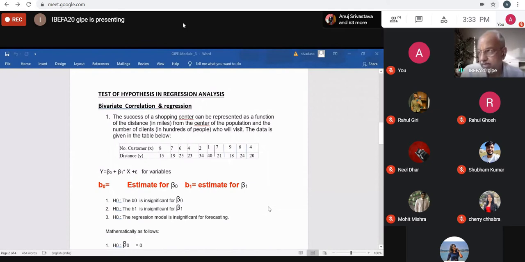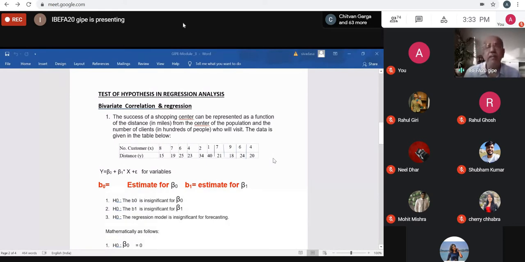Like association for categorical data, I speak about the correlation test and regression test. Attentive. This example we have already done. Even in the assignment many have done correlation regression work.